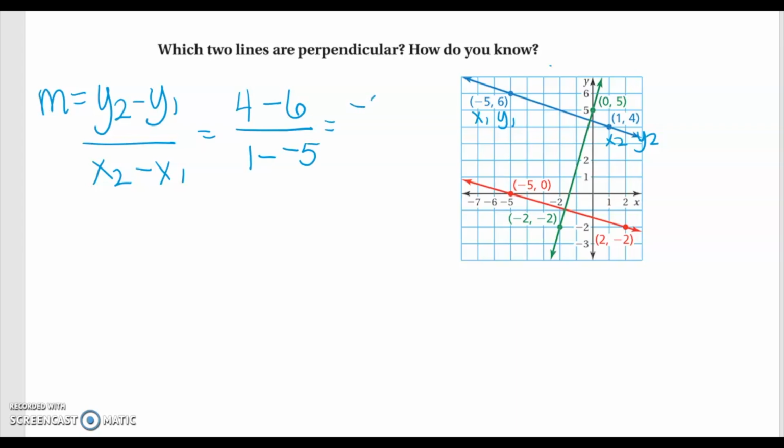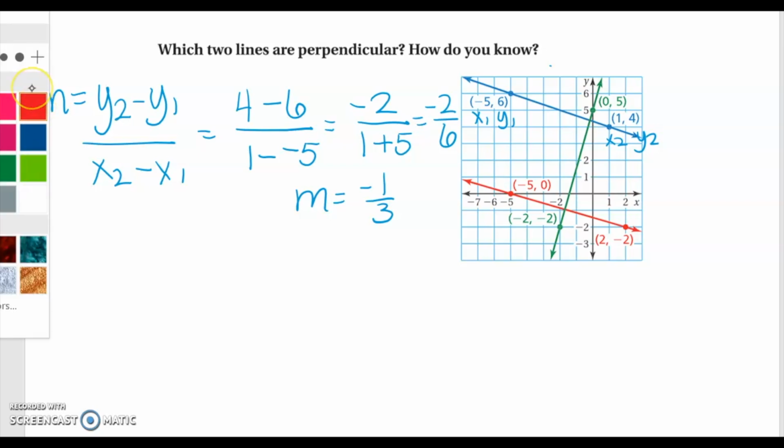So 4 minus 6 is -2. I've got that double sign again, so I want to be really, really careful. So I'm going to keep, change, change. I end up with -2/6, which simplifies to -1/3.